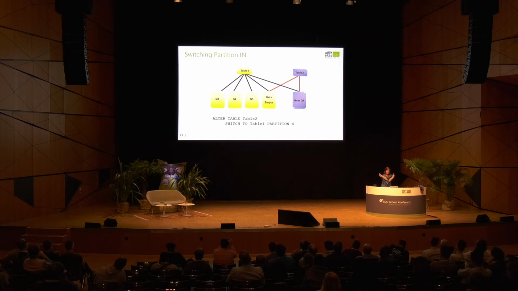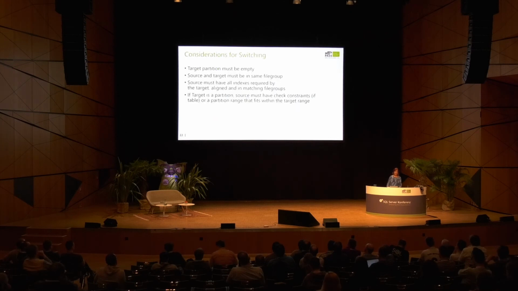I switch the source table 2 into partition 4 of table 1, and what was partition 4 of table 1 now is in table 2, which is basically nothing. Table 2 would be empty after this switch operation, and partition 4 would have all the data that was in table 2.